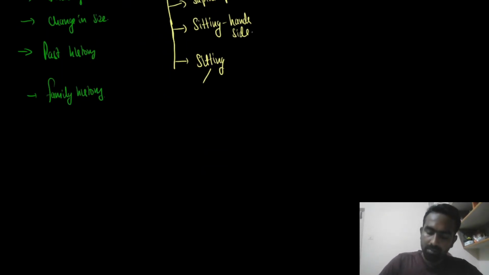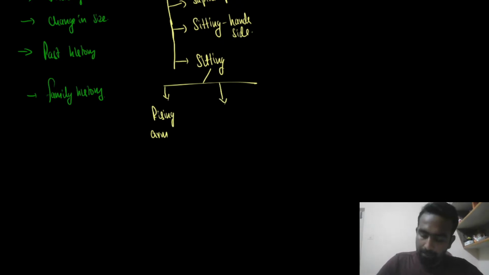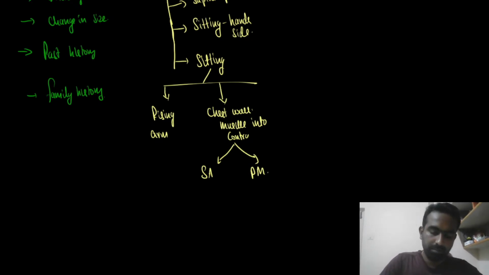That can be done by raising the arms above the shoulder, or putting the chest wall muscles into contraction, that is, the serratus anterior and also the pectoralis major, and inspect the breast.